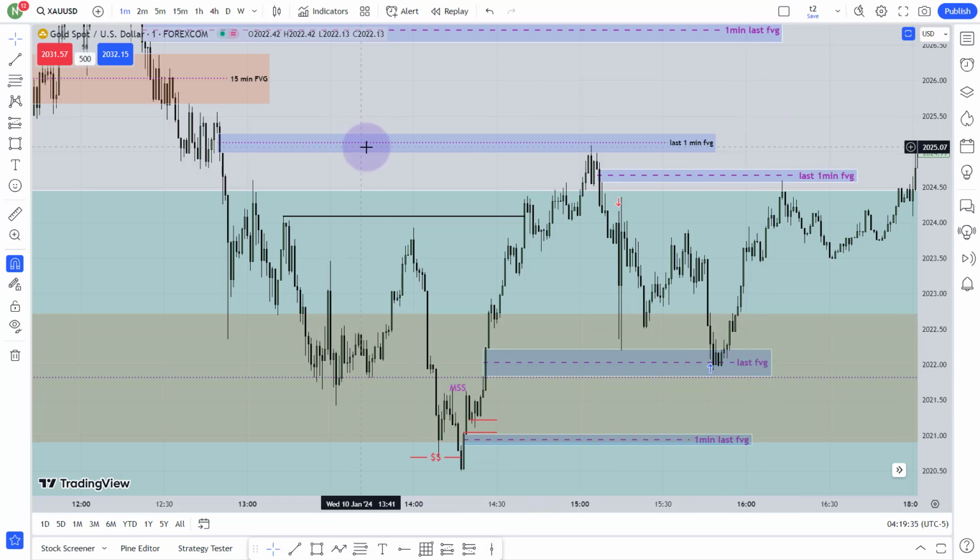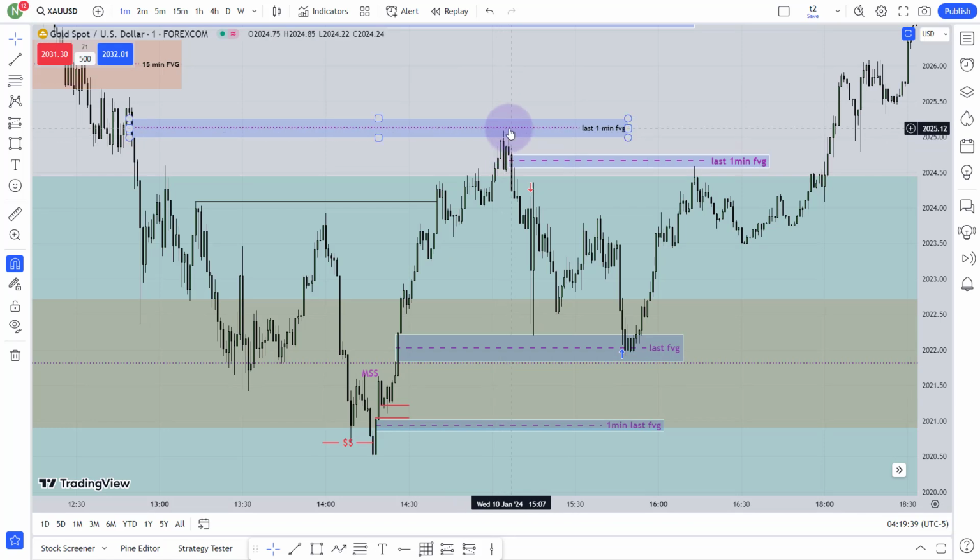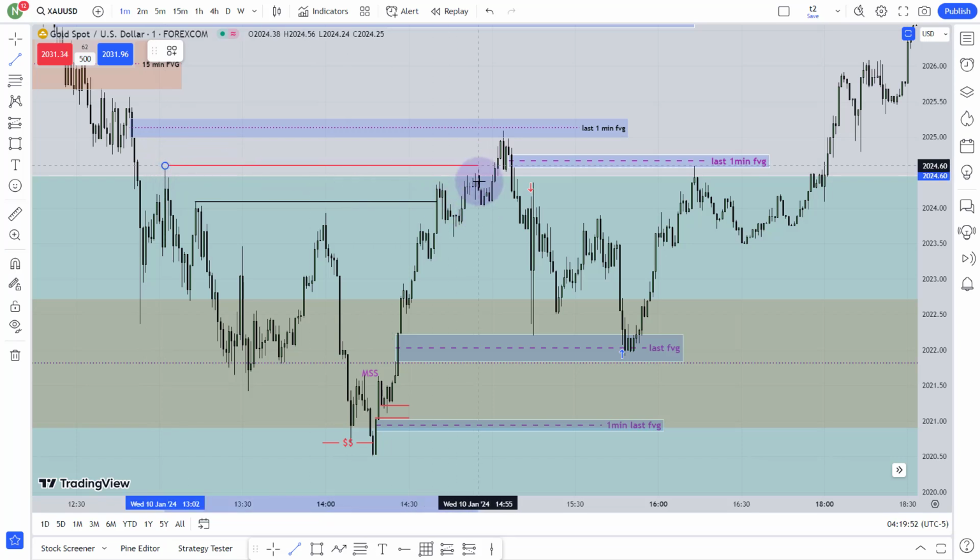But when it comes to the last 1 minute fair value gap, I'm expecting some kind of reaction from that last 1 minute fair value gap. So price came here, I saw this as a liquidity taken. When and how? Look at this high and that high. This high specifically has made relatively equal highs. Price has taken that buy side liquidity, then boom, just broke.